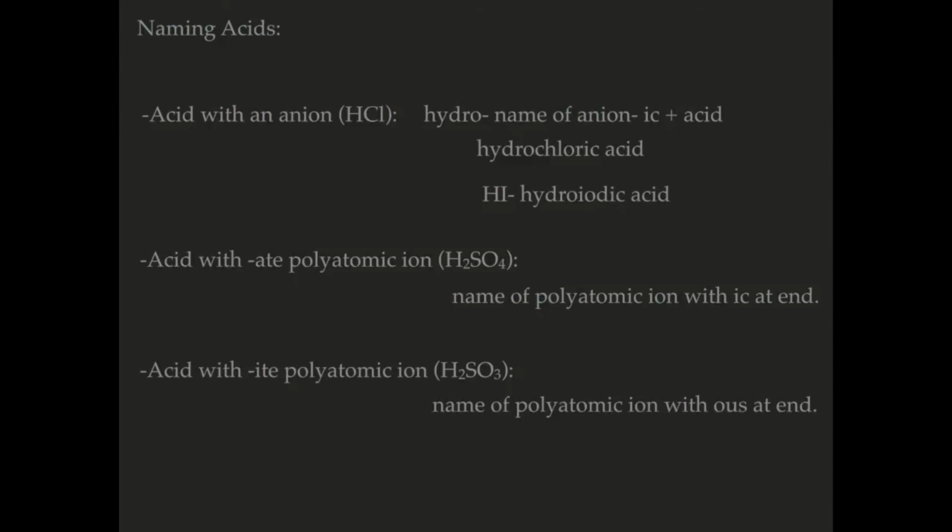A trick that students last year came up with is that 8 is ic. According to them, if you're with a big group of people, like 8 people, that's no fun, that's too many people. So 8 is ic, but ous, just 2 of us, is ite. So if you have an ate ending, that's ic; ous is ite.